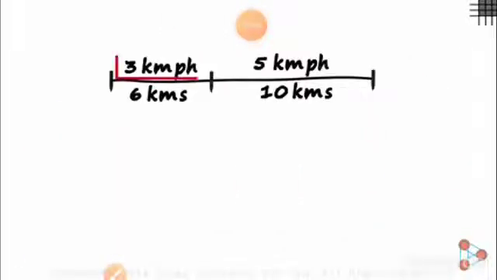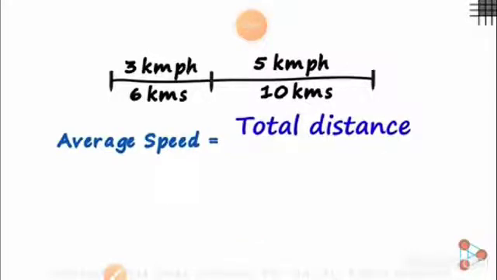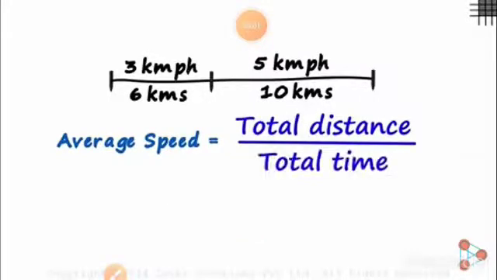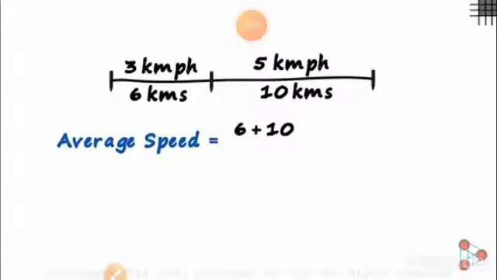Now the next question. Again, a man is walking 6 kilometers at 3 kilometers per hour and 10 kilometers at 5 kilometers per hour. So you have to calculate the average speed. Now see here, time is not shown. Average speed is equal to total distance divided by total time. 6 plus 10 will be the total distance.